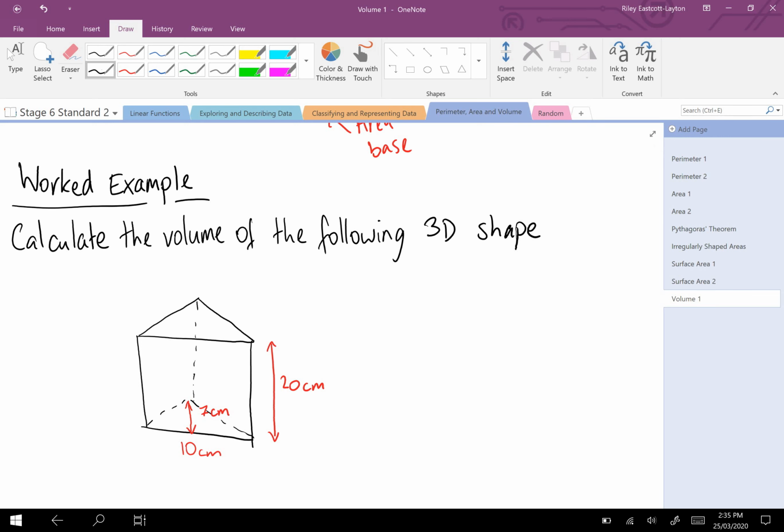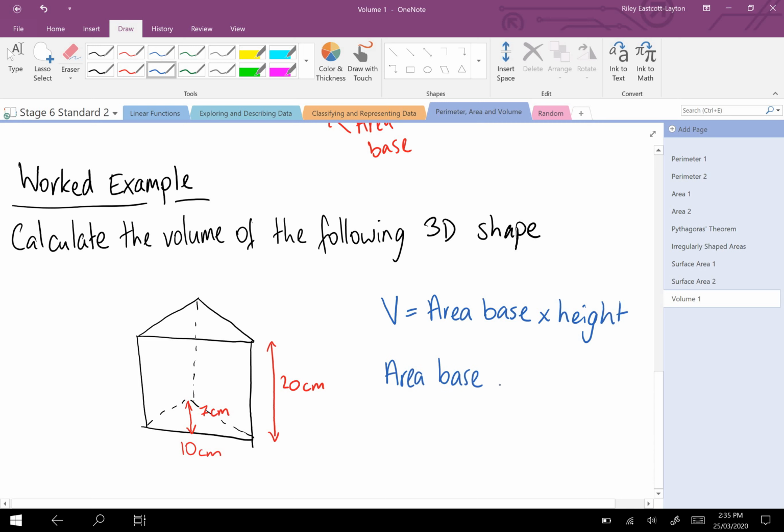So if we wanted to find the volume of the shape, we'd say volume equals area of the base times by the height. And the area of the base is for a triangle.